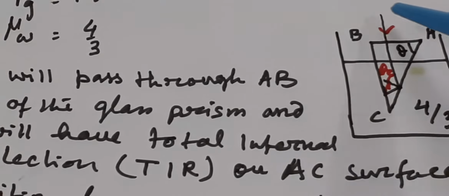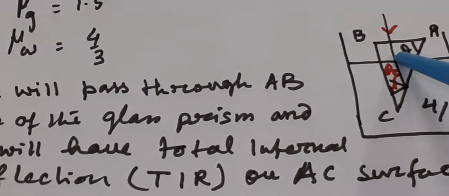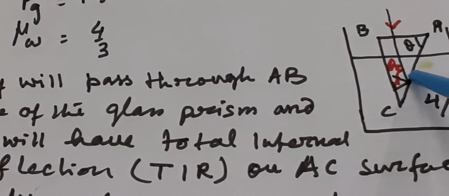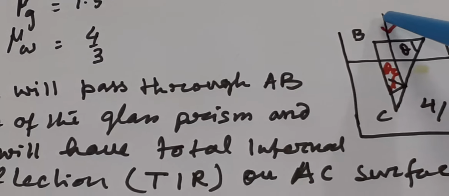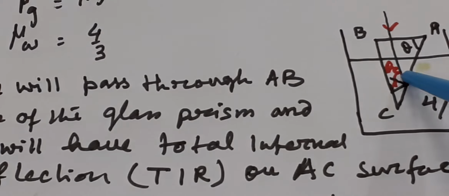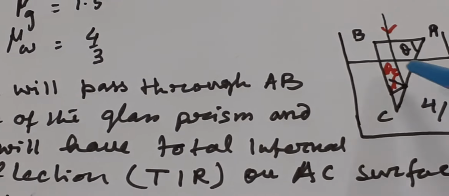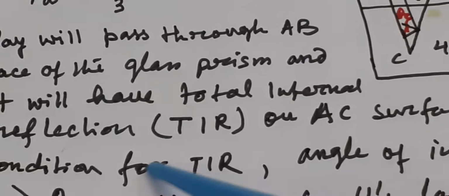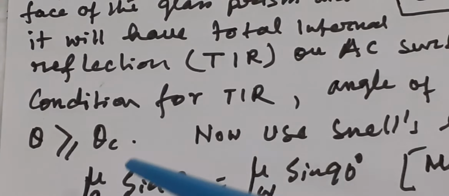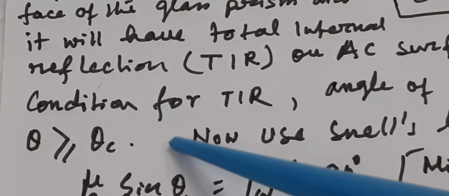It is told that the ray will enter straight into the glass; the liquid is not here, the ray is just entering into the glass up to this point. Thereafter refraction will take place between the glass and water, and for total internal reflection we can use Snell's law. Our basic requirement is that theta should be greater than theta c.